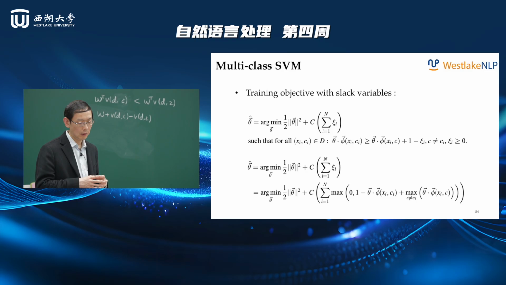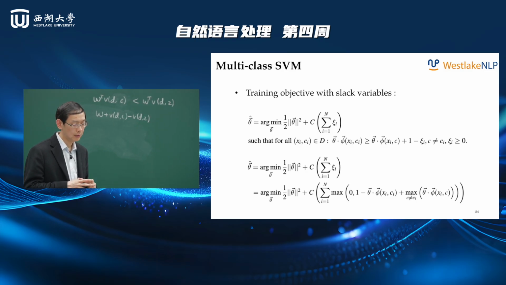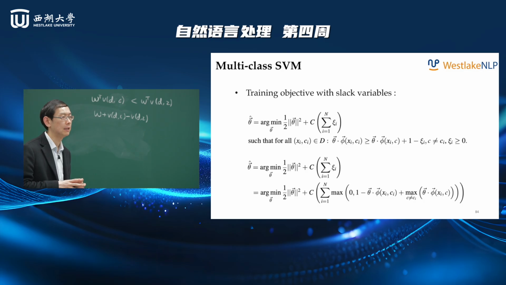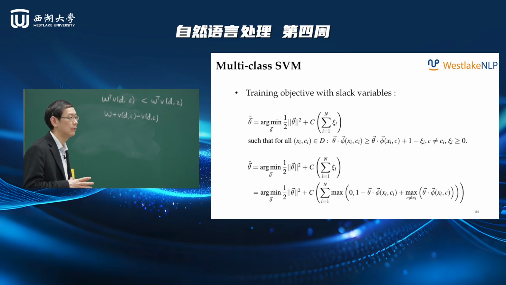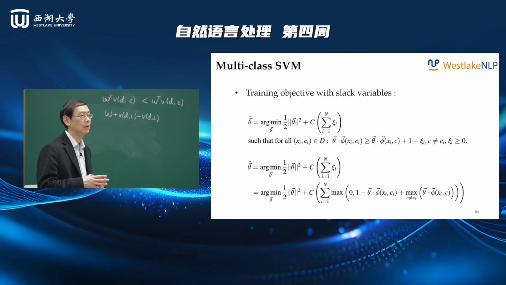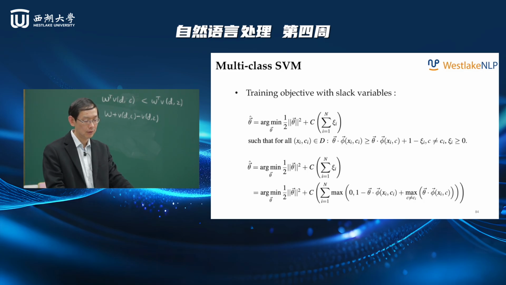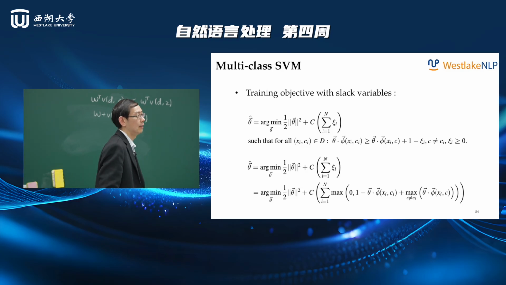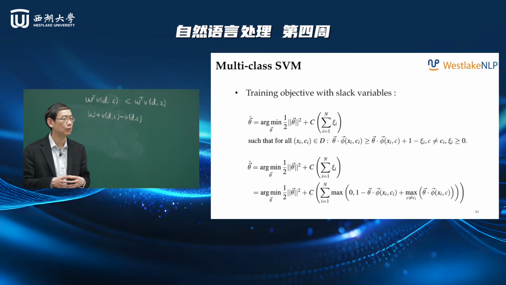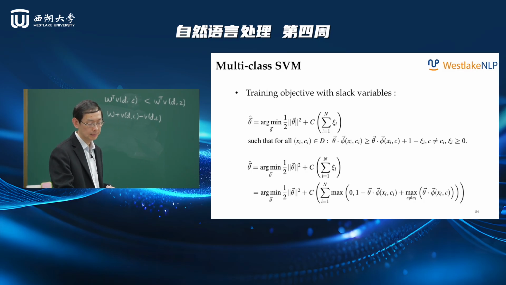This is the new view of the SVM objective with slack variables. After I introduce the slack variables, for both binary and multi-class classification, it becomes an unconstrained minimization problem, no longer constrained minimization. We will take a closer look at how to optimize it next week.